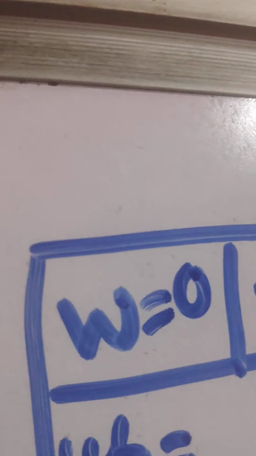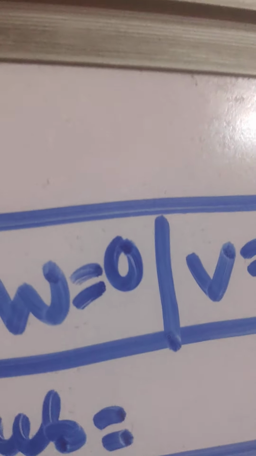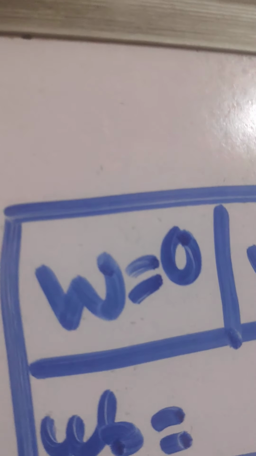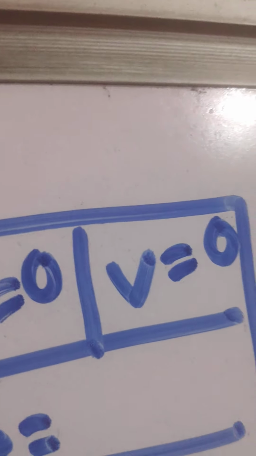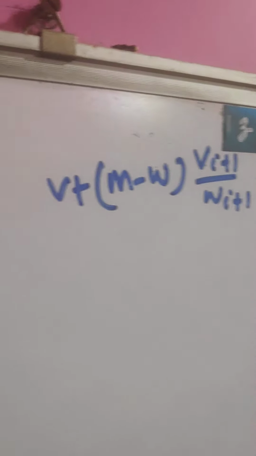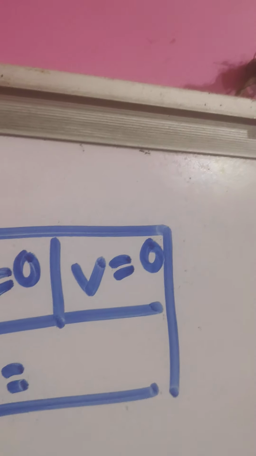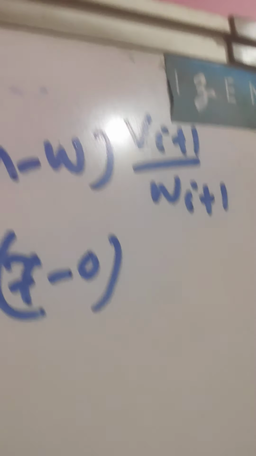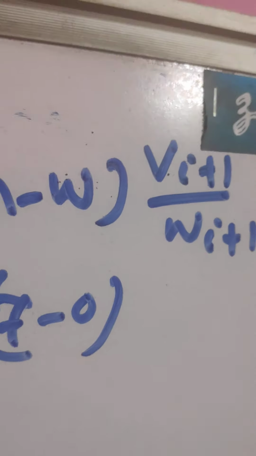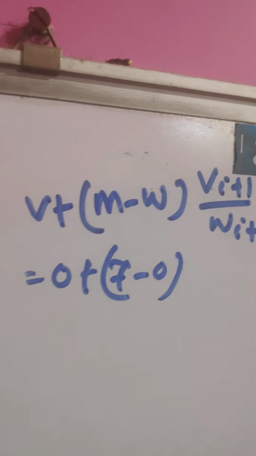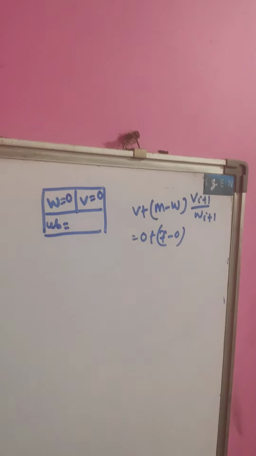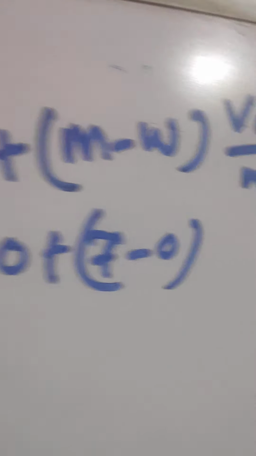Let me write here: V plus M minus W into Vi plus 1 by Wi plus 1. This was the formula. So V was 0 here, M was 7 minus W was 0, into Vi plus 1 by Wi plus 1. Since I have not taken anything, the I value is 0.